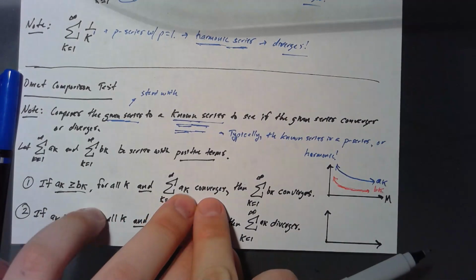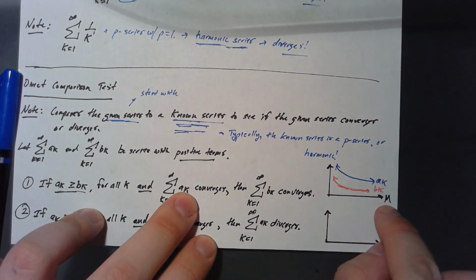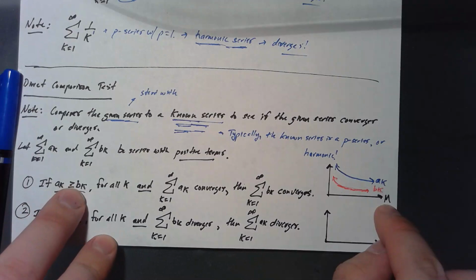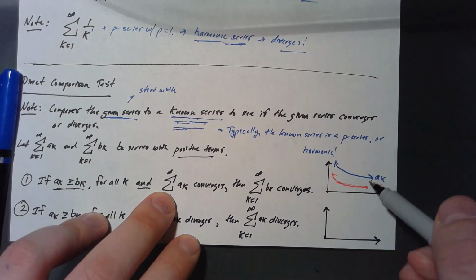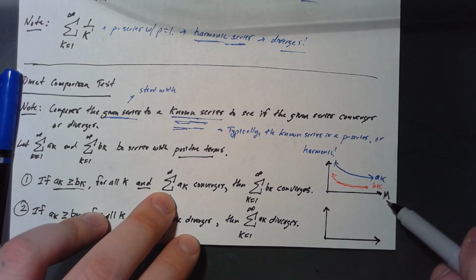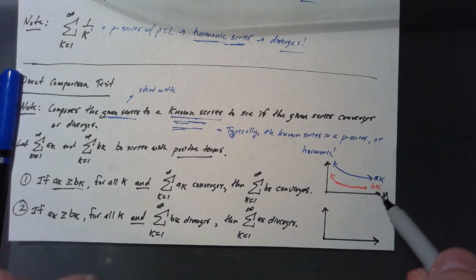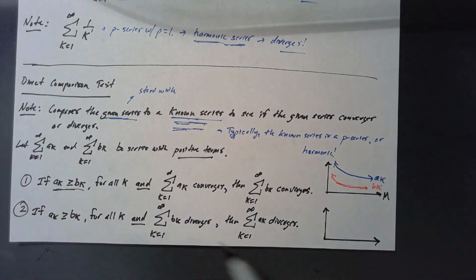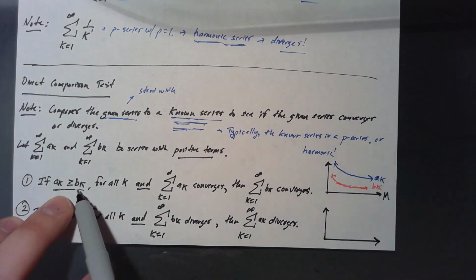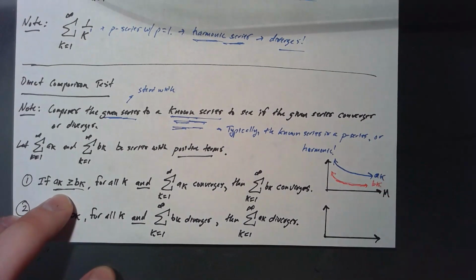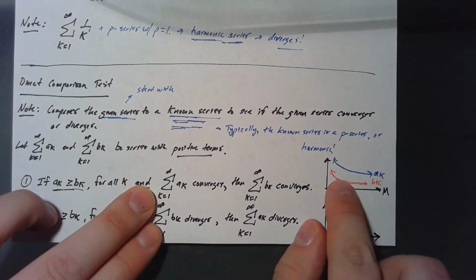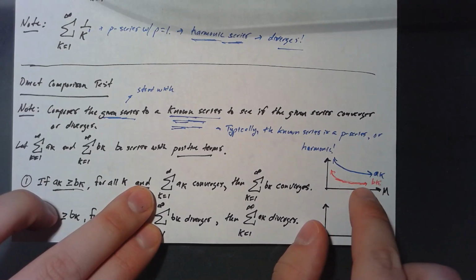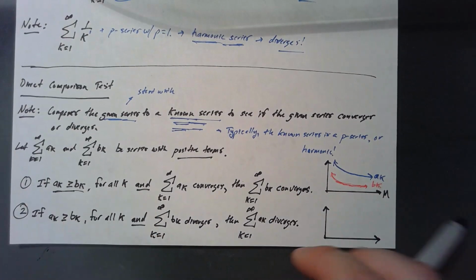Anything less than it, which you could see by the graph, is going to have to converge to m as well, because it's caught between something that converges and the value that it converges to. And that right there is the essence of the direct comparison test. I know this, which is dictated by the graph, and I know that a of k converges. So anything below a of k must also converge. That's exactly what that says.